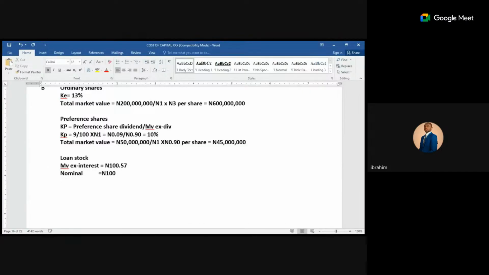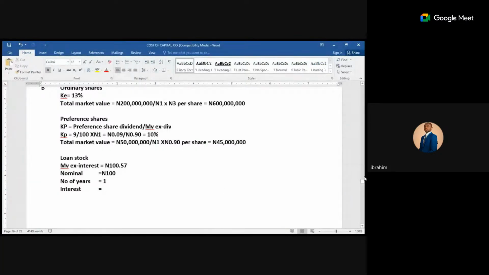Now, the number of years is just 1 year, class. What is the interest? Don't forget, these are the ingredients we use to calculate the internal rate of return. Class, are we still together? Yes, sir.